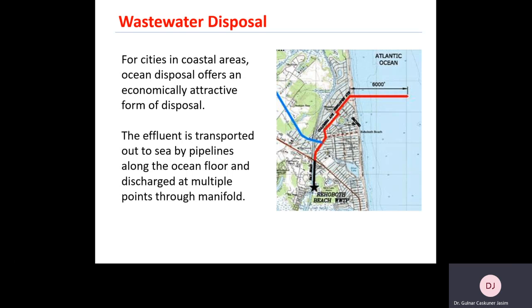As you can see here in the photo, the pipeline is quite long. So discharge isn't done immediately on the shoreline. Usually it should be away from the shoreline. Sometimes a couple of kilometers is necessary to protect the aquatic environment and quality of beaches.